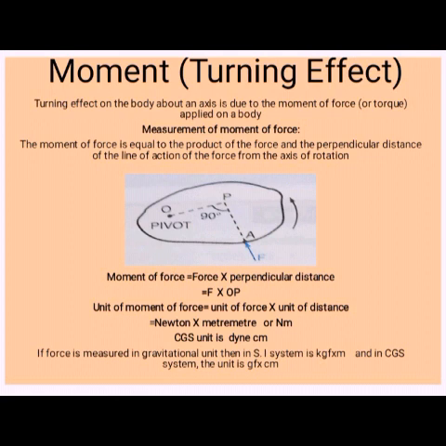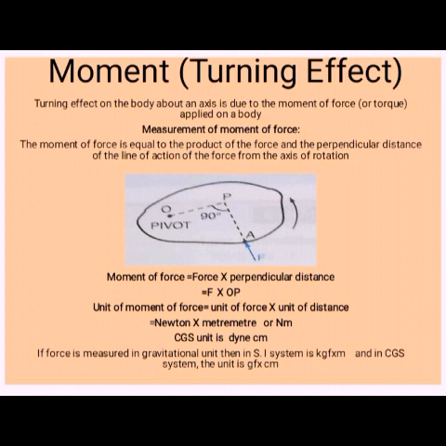When we talk about CGS, the unit of moment of force is dyne centimeter, that means Newton becomes dyne, meter becomes centimeter. If force is measured in gravitational unit, then its SI unit is kilogram force meter. On the other hand, in the CGS system, for the gravitational unit we take gram force centimeter, kg as gram, meter as centimeter.